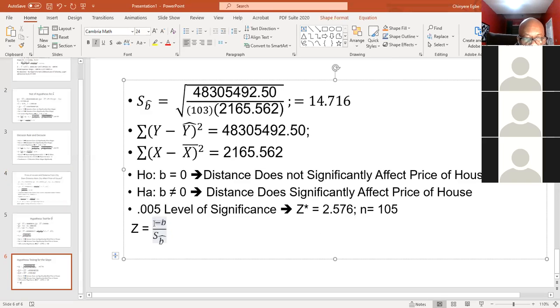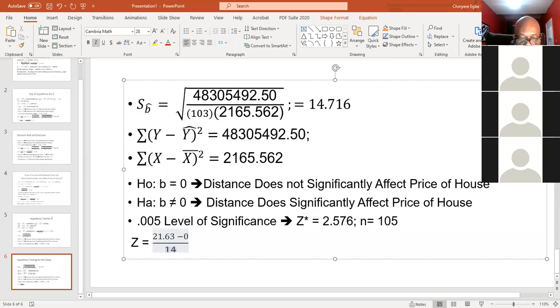Now remember, we use the absolute value, and our hypothesis is that B is 0, and the standard error of B hat is 14.716.